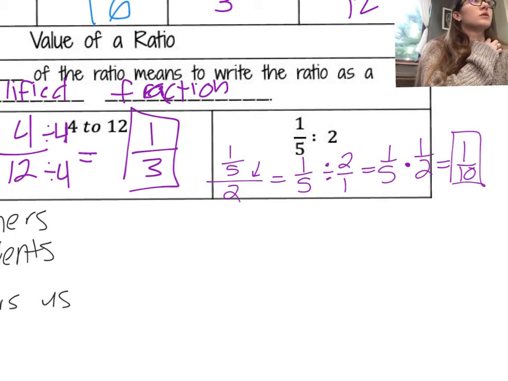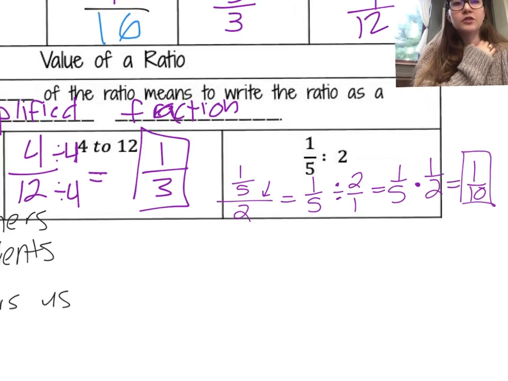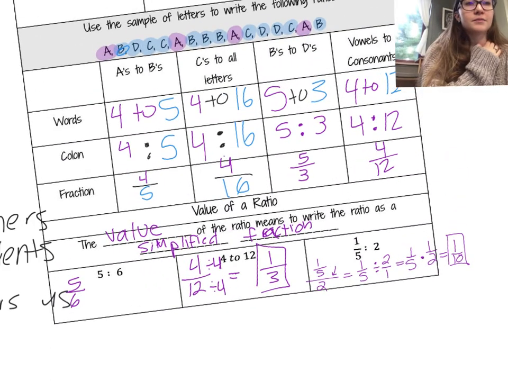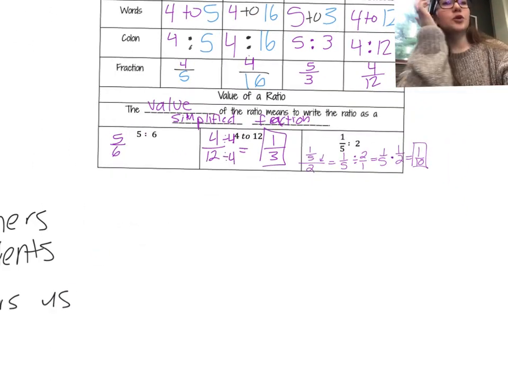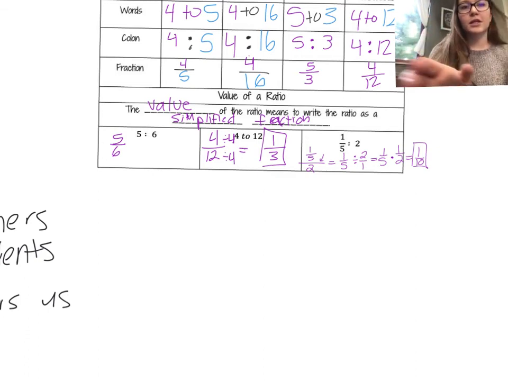Okay? So a ratio is just a comparison of two values. Okay? Let's do one more example. I know this is kind of going long. Let's do one more example of Kool-Aid.